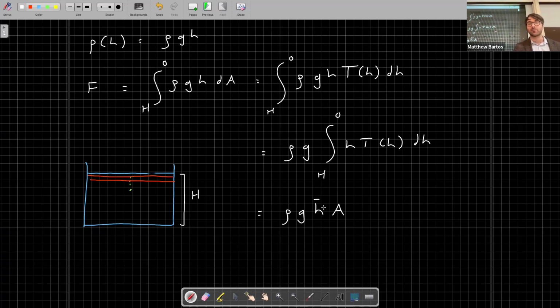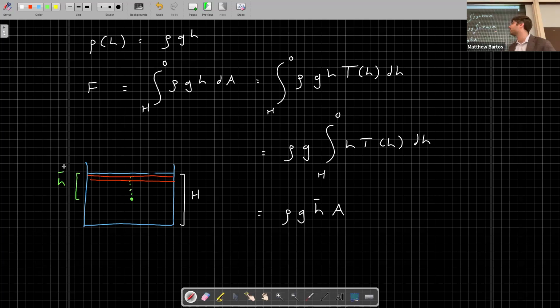When I'm saying the centroid here, this is this distance here from the top. So that's our expression for the hydrostatic force.